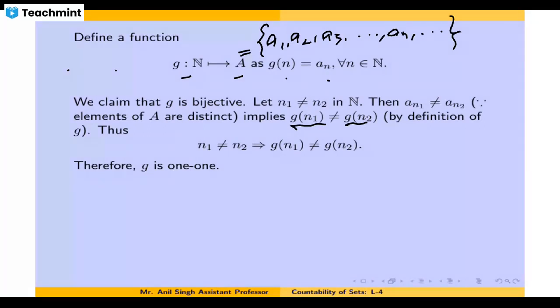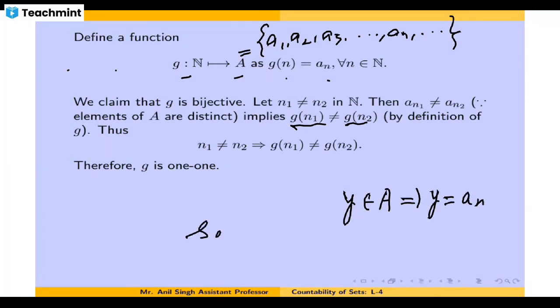We have to establish that this g is an onto function. When you want to show that it is onto, you choose any element y in A. When you say y is in A, that means y is some element of the form an, with n as the subscript of this a.